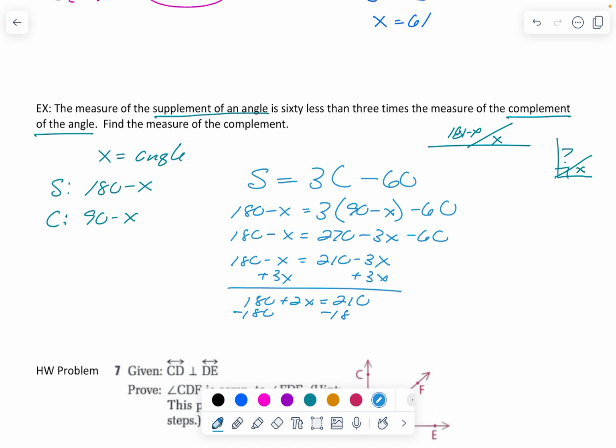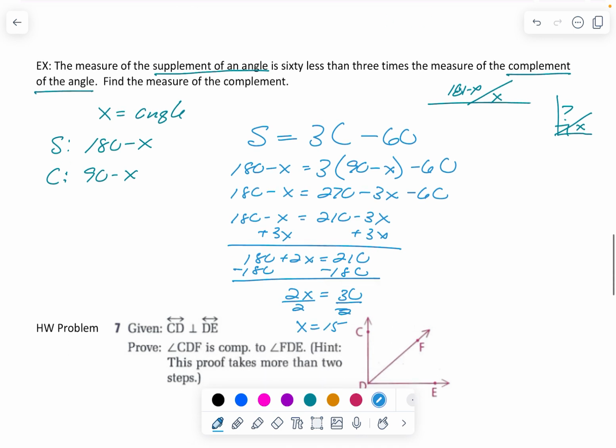Subtracting 180, 2x equals 30, and x equals 15. It says find the measure of the complement. So it wants to know this. So 90 minus 15 is 75 degrees.